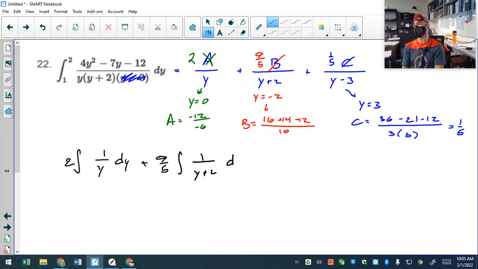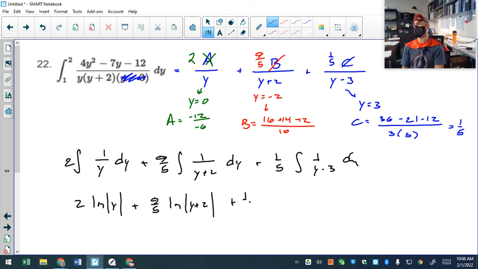So I have that natural log set up. 1 over y minus 3. And so we have 2 natural log y plus 9/5 natural log of y plus 2 plus 1/5 natural log of y minus 3.